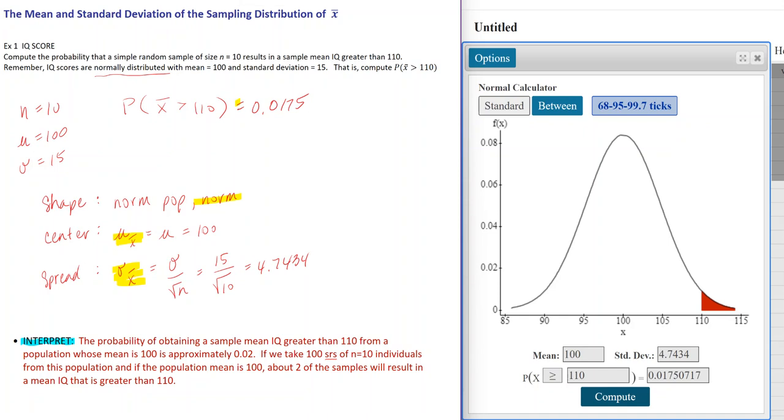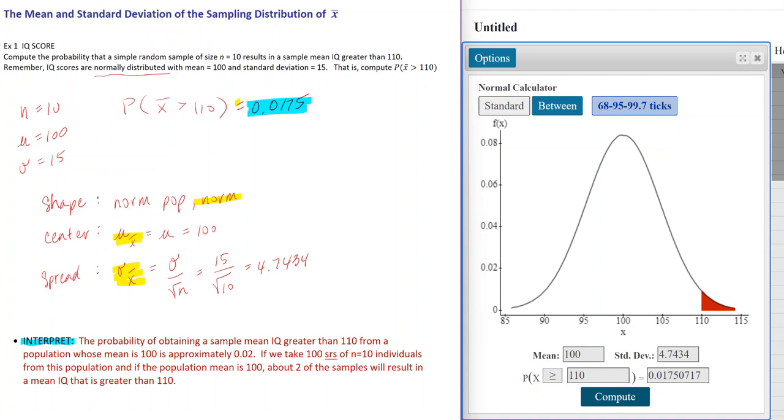Another way to interpret it is if I were to take 100 samples of size 10 from a population whose mean is 100, we expect 2 of those samples to result in a sample mean greater than 110.